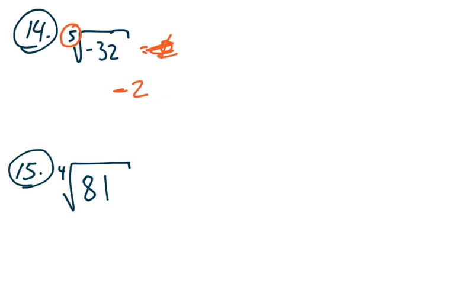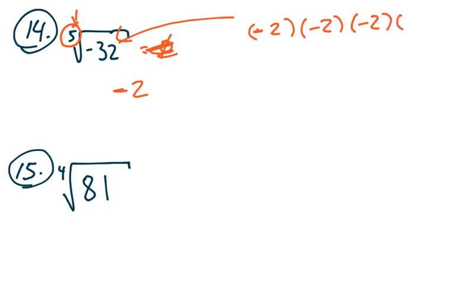Pause the video for a second and ask yourself, why would that be true? I hope what you said is that what the 5 here means is what number times itself 5 times is negative 32. And that number is negative 2, right?